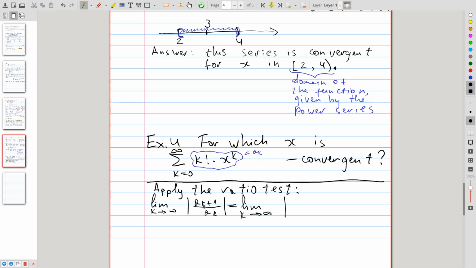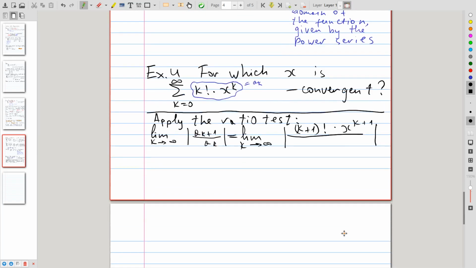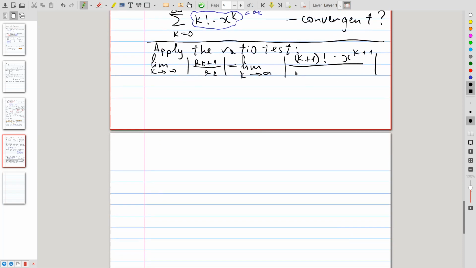It's the absolute value. For the numerator, I have a_{k+1}. Notice what I did was I replaced every k in the kth term with k plus 1, and it is divided by the k factorial times x to the k, so the a_k term.